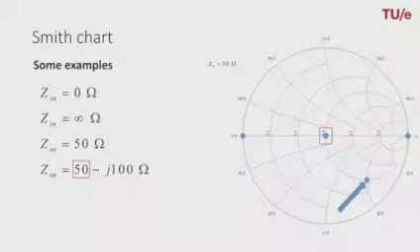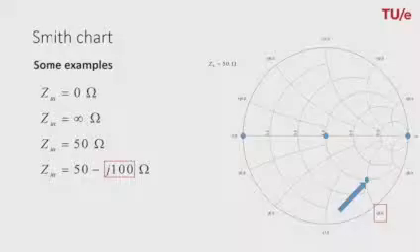So we have to move along this circle. The normalized reactance in this case is equal to minus j2, which means that we need to find the curve related to a reactance of minus j2, and we need to move along this curve as well. Well, at the intersection of both curves, we find the particular point on the Smith chart, as indicated here.